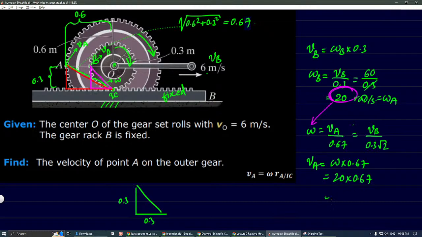What do we get? 13.4, sorry, this is in meters per second. So this is the velocity of A. That's it. In the same way, if you want velocity of B, again substitute omega 20, multiply with 0.3 root 2. That will give us the velocity of B.